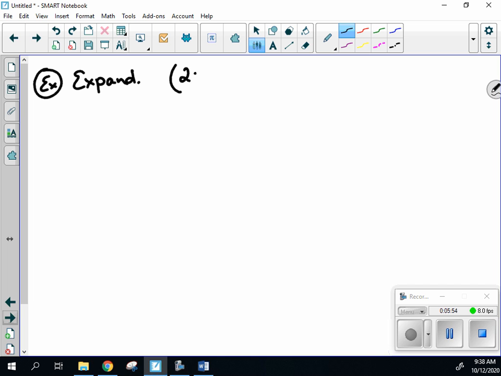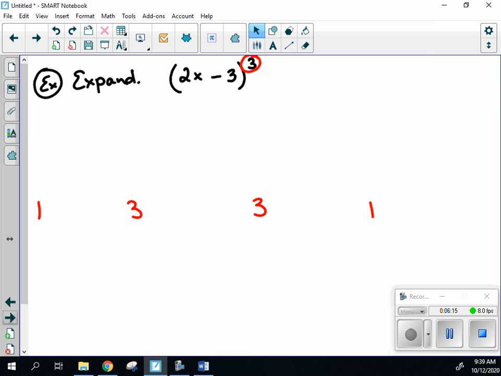I'm going to have 2x minus 3 to the 3rd power. Okay, so again, this little 3 here, my exponent, is going to tell me what line of Pascal's triangle I'm going to use, which I'm going to have 1, 3, 3, 1. 2x is my first one.